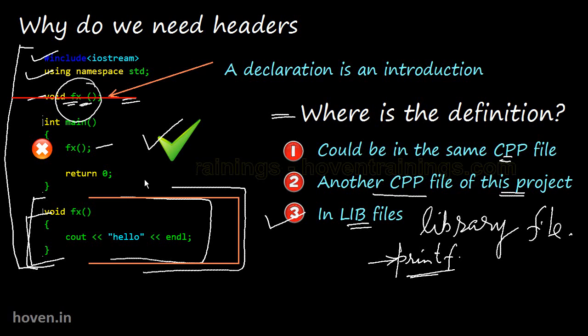The compiler error will come at this point. The compiler doesn't know anything about fx if this declaration is missing. The function wasn't introduced. Without introduction, this will be an error.